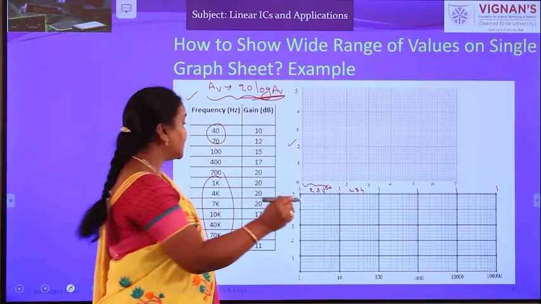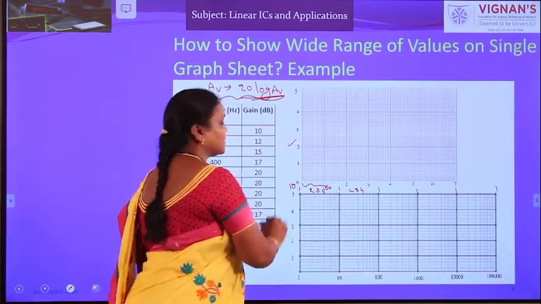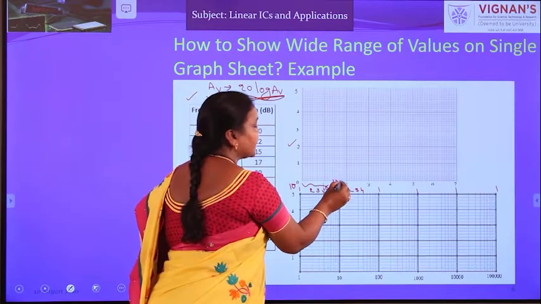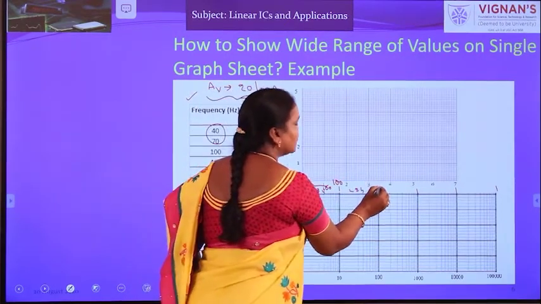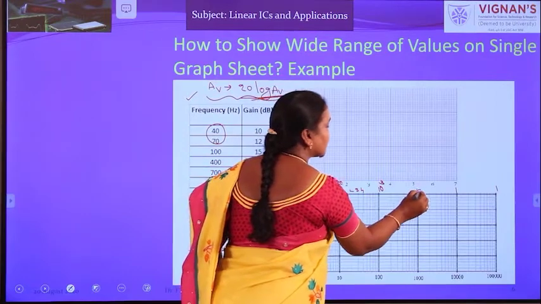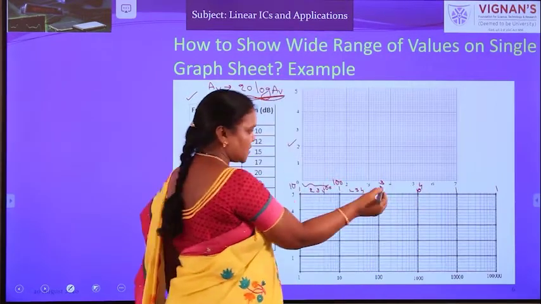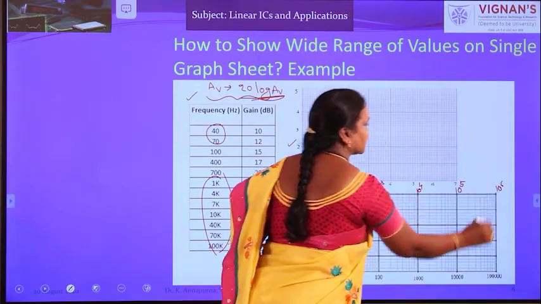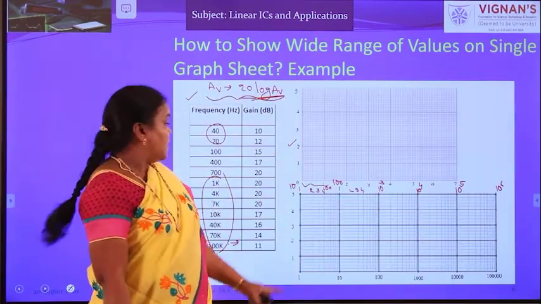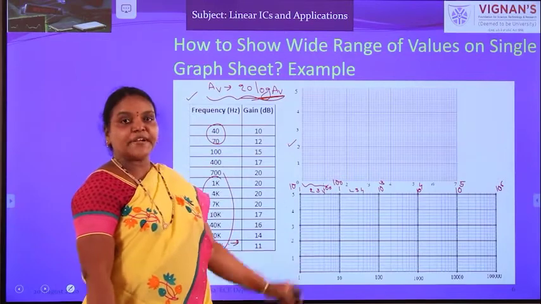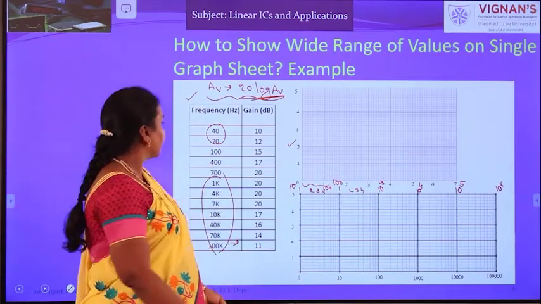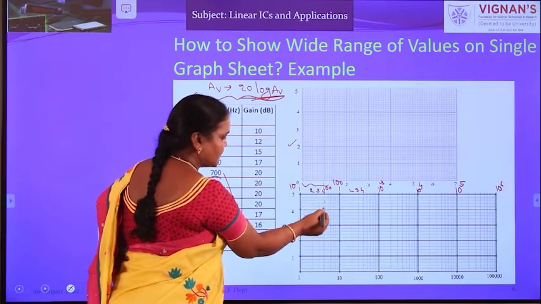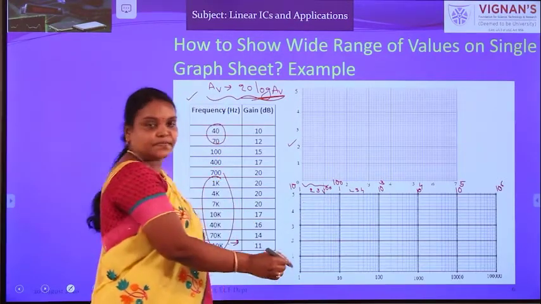Now if you decide your first value is 10, then the next one becomes 100, next one becomes 1000, next one becomes 10 power 4, that is 10,000, next 1 lakh, next 10 lakhs. Now you are able to accommodate all these values. So 40 means here, 10 means here, 4. So this is 40.